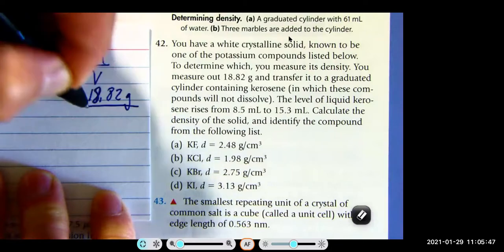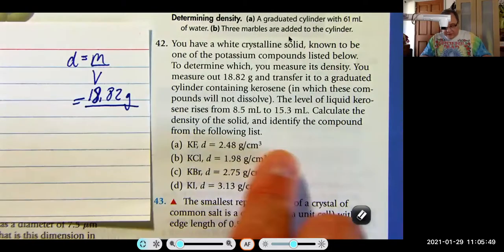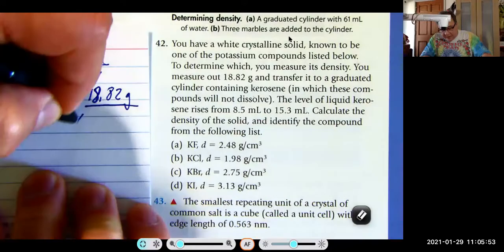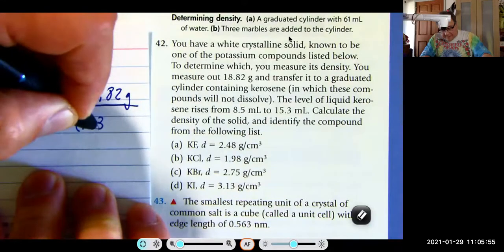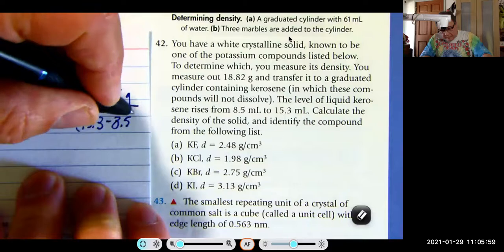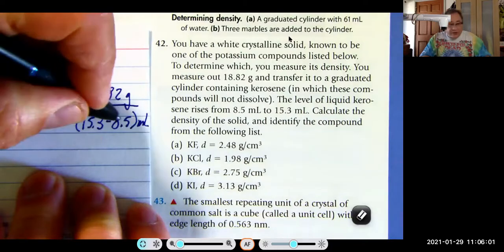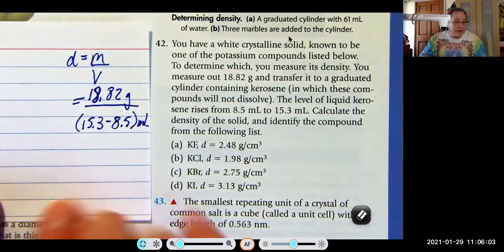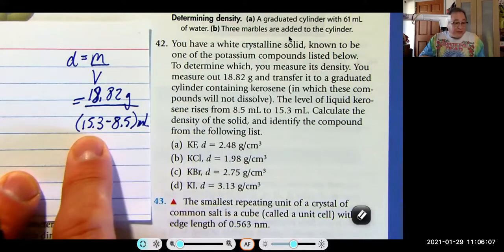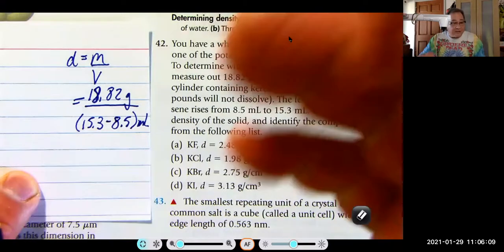And for the volume, I would use this 15.3 minus 8.5. And I just go ahead and put it right in here like that. And you'll notice here, I put the milliliters on the outside of the parentheses. That way I didn't have to put milliliters here and milliliters here, but I could have. That would be fine.